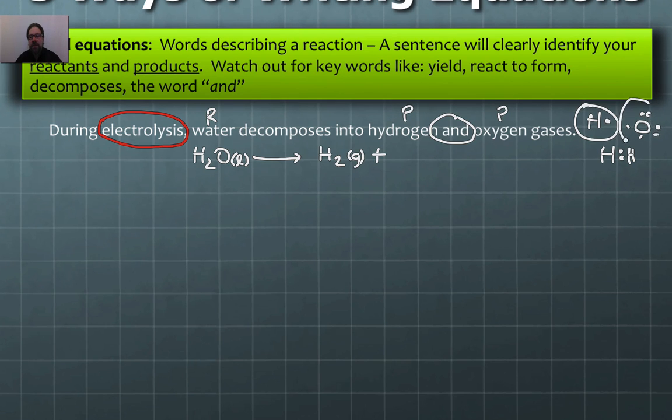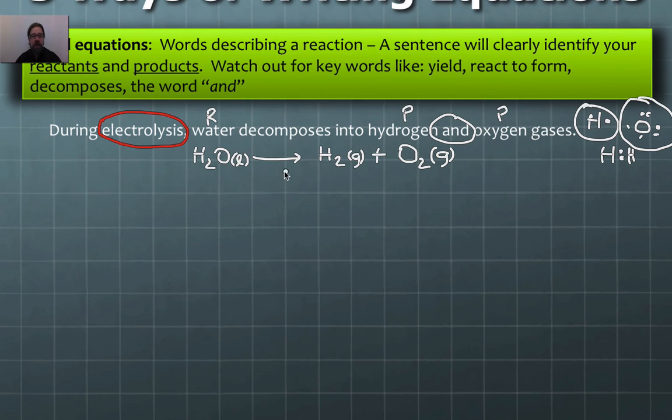And having 6 electrons is not a stable state for oxygen. So instead, another oxygen is going to come and bond with it, and instead of having just O, we have O2. Right now, you're breathing in O2 gas, not O. And O2 at room temperature is also gaseous, so we're going to put a lowercase g.